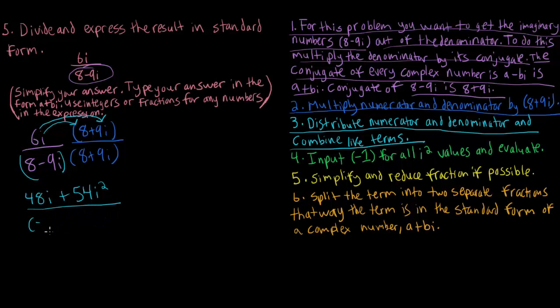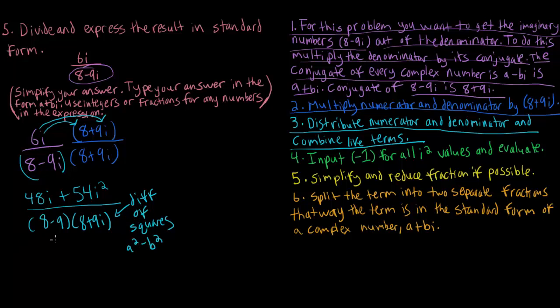This right here in the bottom should actually be positive 8 plus 9i, and this in the bottom is a difference of squares. Difference of squares is just a squared minus b squared.